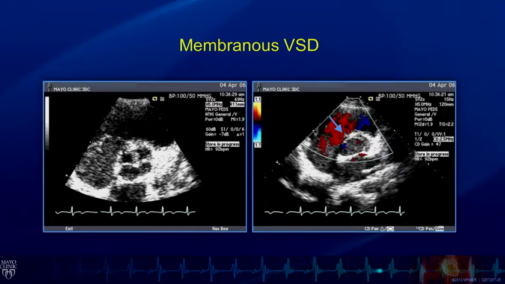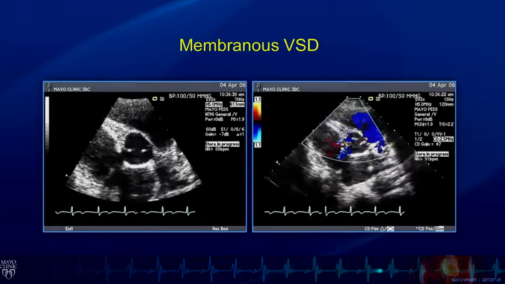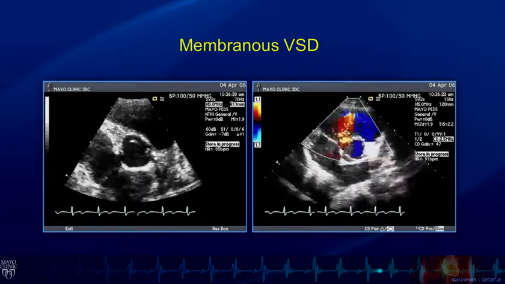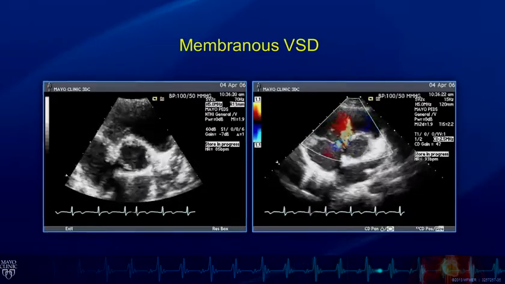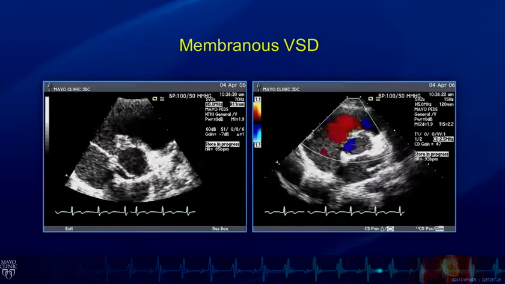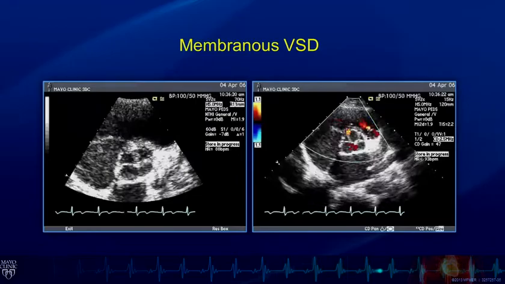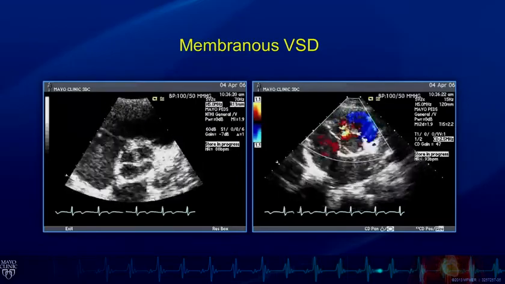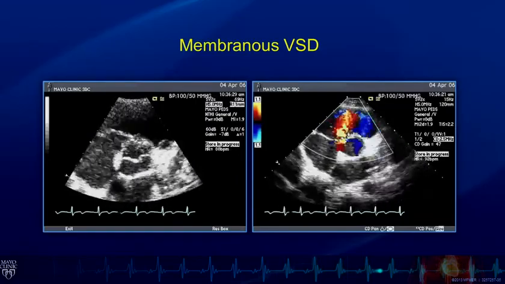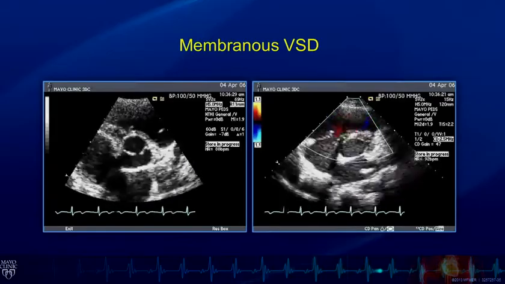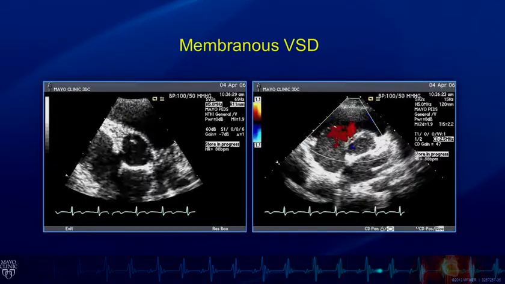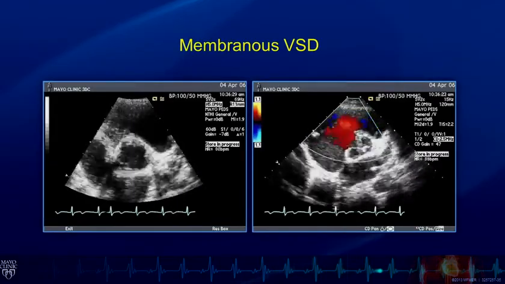But also, if you look at the aortic valve as the face of a clock, it's in the 10 o'clock position. And with real-time imaging, that shunt is clearly visible. It occurs primarily during systole. Occasionally, a little bit of flow persists in diastole. And again, it's in close proximity to the tricuspid valve, and in the 10 o'clock position if the aortic valve is viewed as the face of a clock.